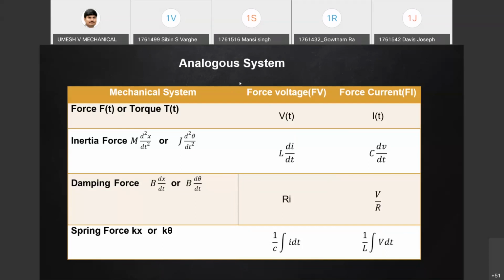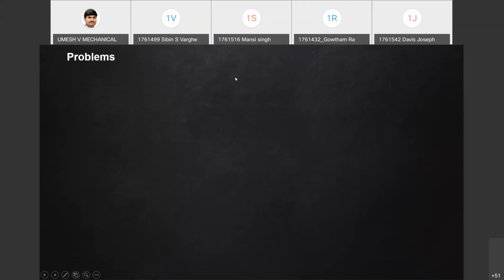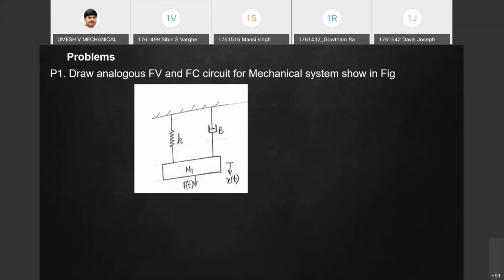Guys, please concentrate here. If you understand, it's very easy. No need to remember things. Otherwise, it's very difficult. Take this question: draw the analogous force-voltage and force-current circuit for the mechanical system shown in the figure.